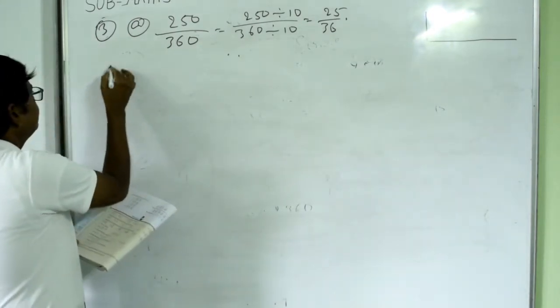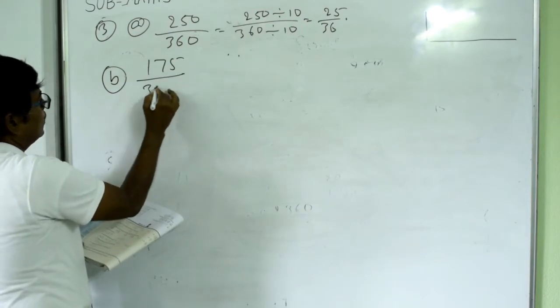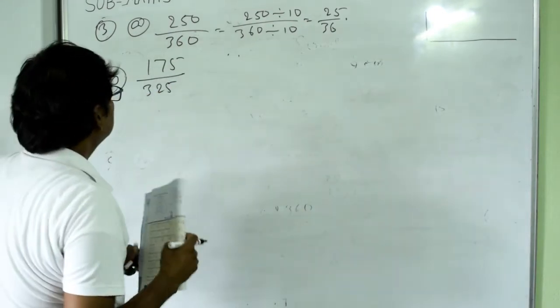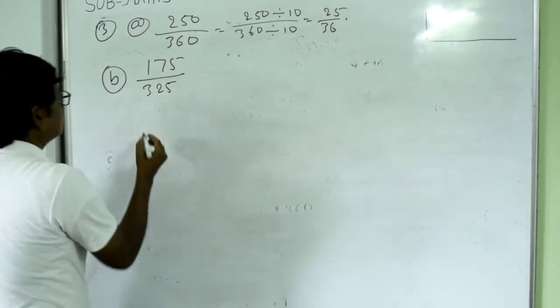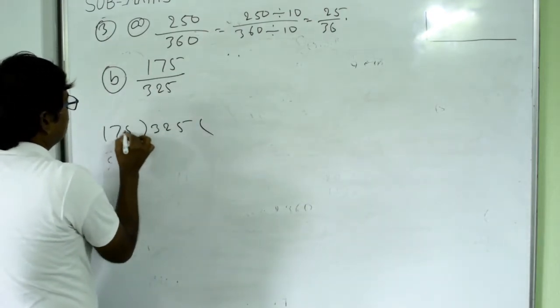So the next question, question number B. You have 175 by 325. Now here find the HCF of these two numbers. So it will be 325 divided by 175.